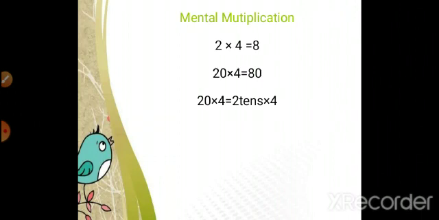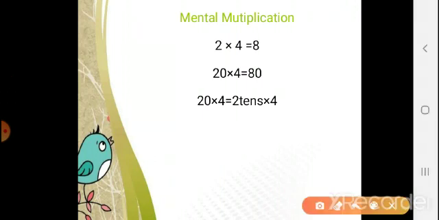So 20 multiplied by 4 is the same as 2 tens multiplied by 4. What do we get when we multiply 2 tens by 4? We get 80.